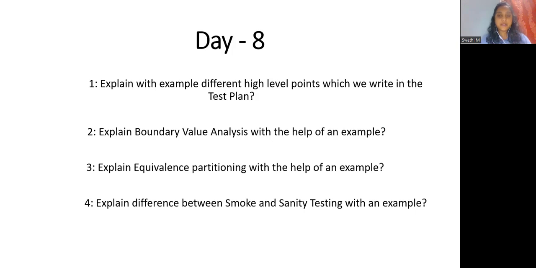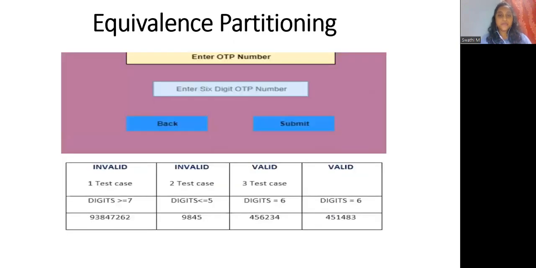So, for example, I'll show you. Let us consider an OTP number. We have to enter only a 6-digit OTP number. If we enter more, that is, if we enter greater than 6 digits, it will show invalid as I showed in the picture. If we enter less than 6 also, it will show invalid.